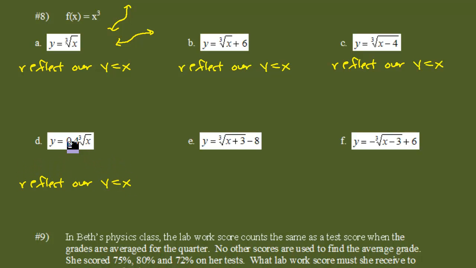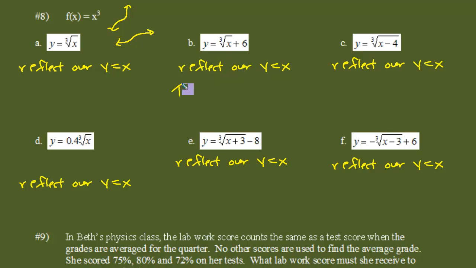So I need to leave a space for that, say what that 0.4 does. Alright, so I got all that part done. So what else is happening in these graphs? A, nothing else. Everything else is the same, so nothing needs changed.